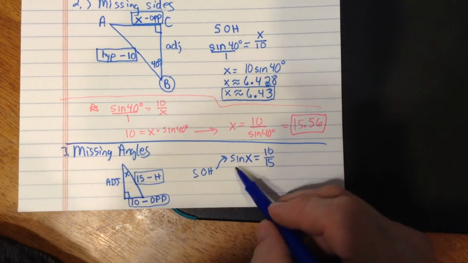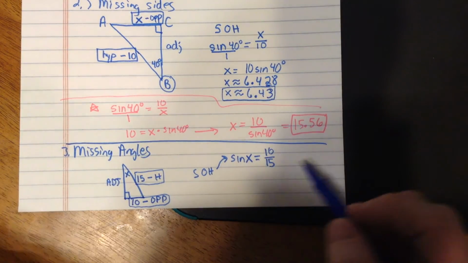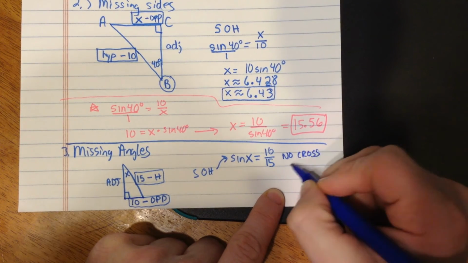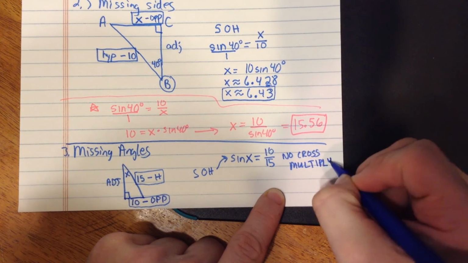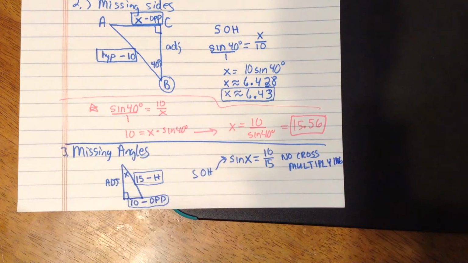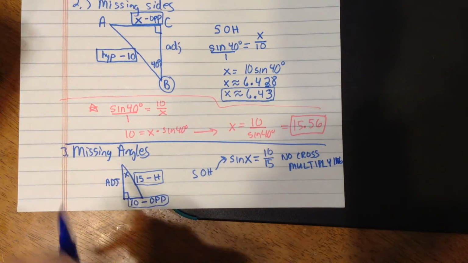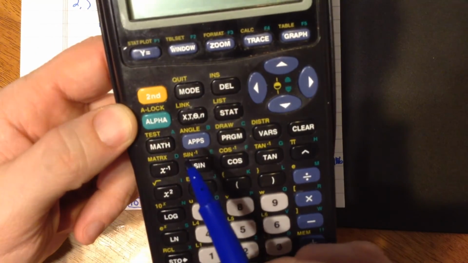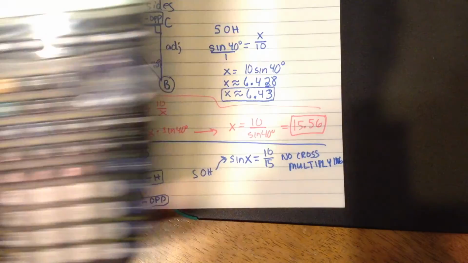Now, normally we'd cross multiply. Do not cross multiply here. What you're going to do instead is on your calculator, usually most calculators have a sine button, and then right above it, same thing with cosine and tangent, is a little -1 power. That's the inverse.